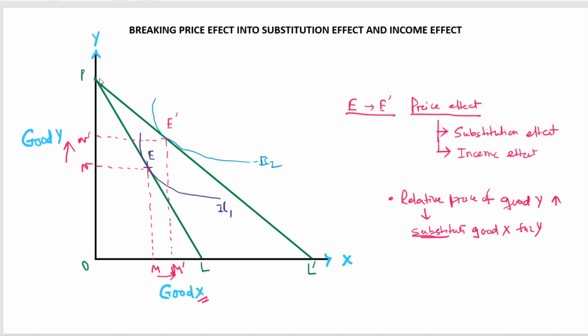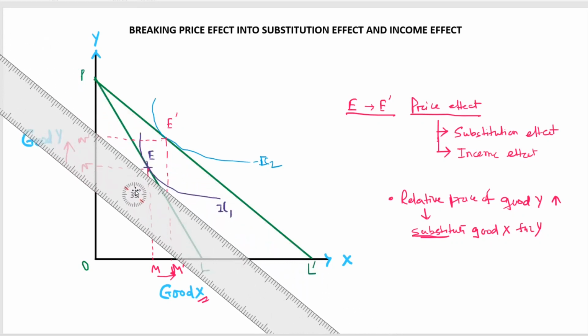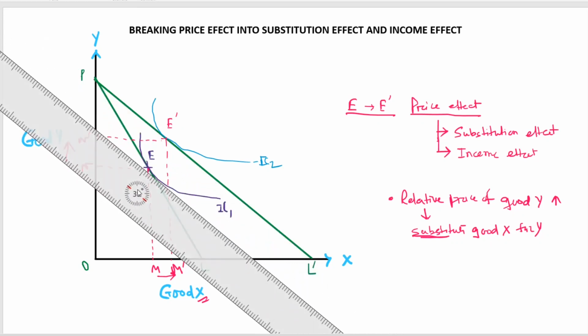To do that, we can draw a price line parallel to the price line PL prime, so that the price ratio of X and Y will be the same as it is in PL prime, but the income will decrease. So we draw a parallel line tangent to the same indifference curve.